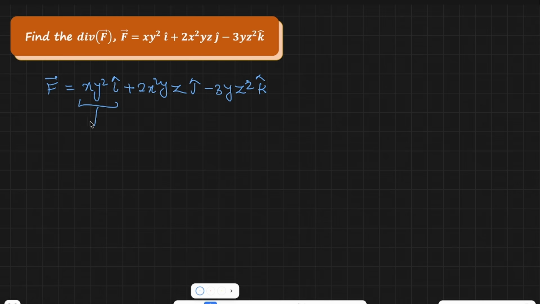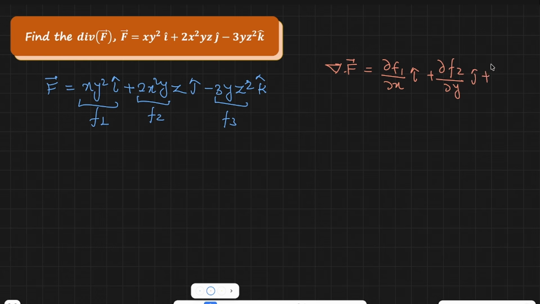This is f1, this is f2 and this is f3. So what is the divergence? Divergence is basically del dot f, that is dou f1 by dou x i cap, dou f2 by dou y j cap and dou f3 by dou z k cap.